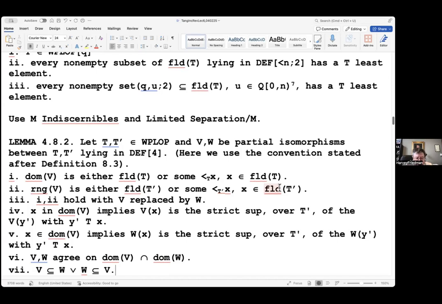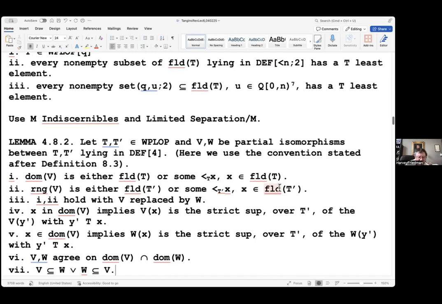The range is either the whole thing or some initial segment given by a point. This is very much like it would be in regular set theory, except we're inside a structure and we have to be careful about definability and the notion of well-foundedness. 1 and 2 hold with V replaced by W.